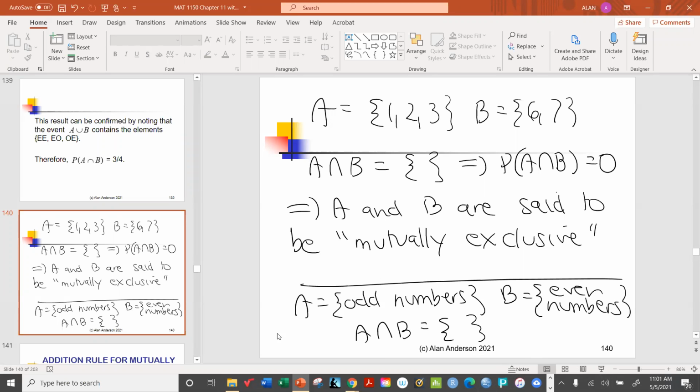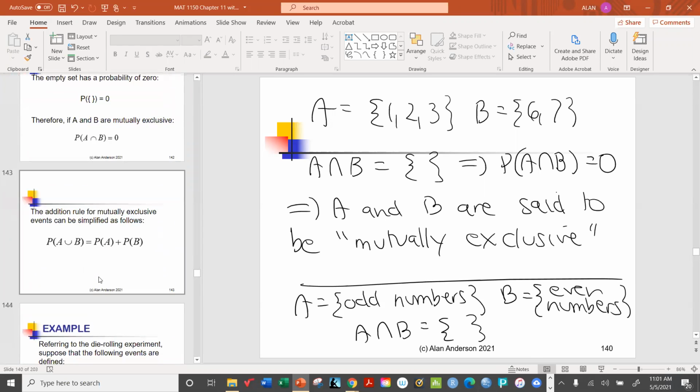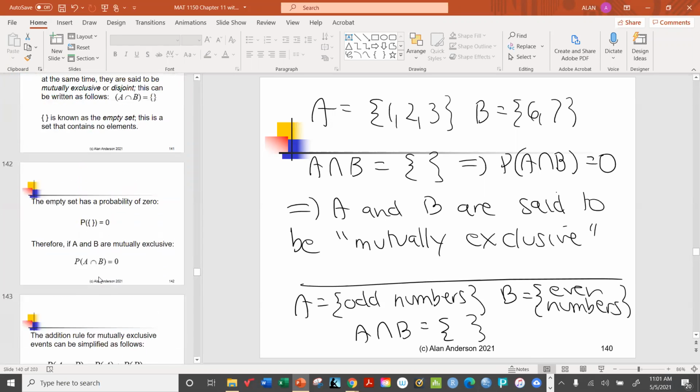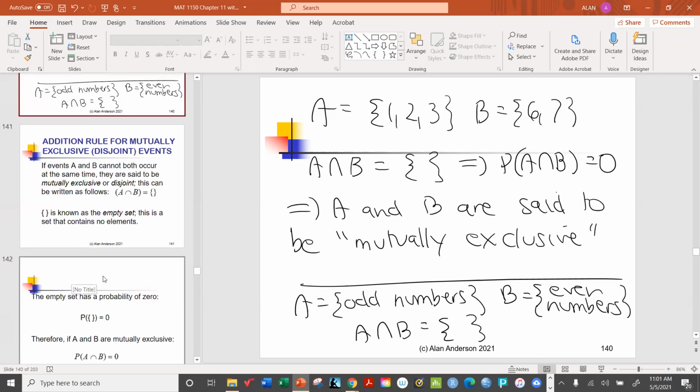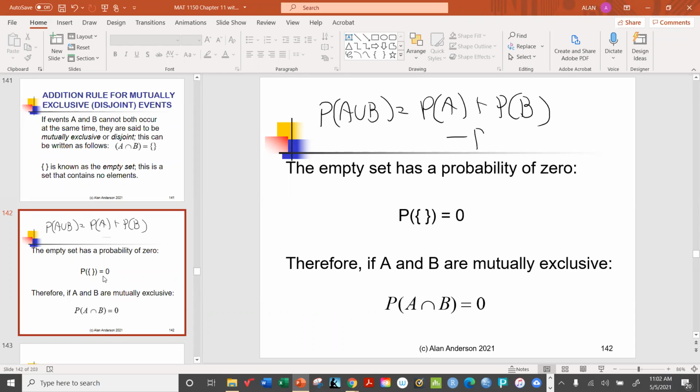Because the original rule requires us to calculate the probability of A, plus the probability of B, minus the probability of A intersect B. But if this probability is 0, then we don't need to include it at all.